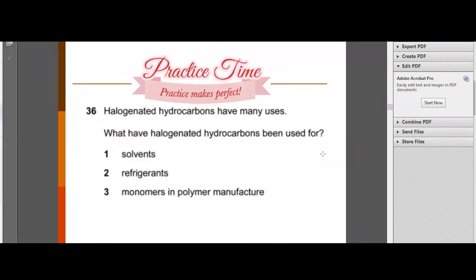How about this? Halogenated hydrocarbons or halogenoalkanes have many uses. Solvents, right? Refrigerants, correct. Monomers, correct.